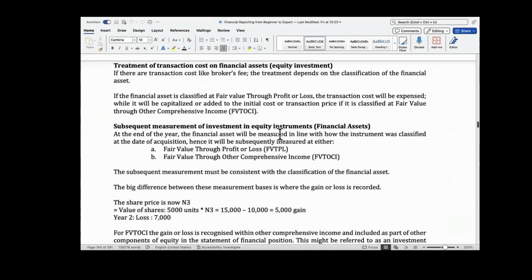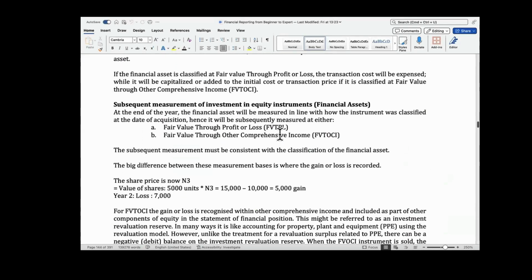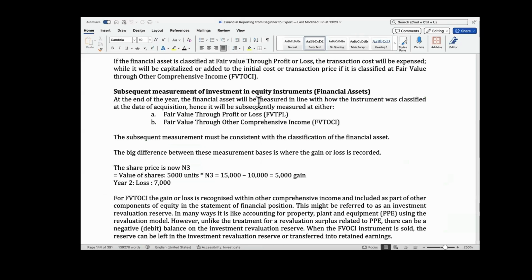Any other question? Okay. So now, this 5,000 naira gain that you made, I told you that if you're measuring it at the end of the year at fair value through POL, say this. Excuse me, sorry, I have a question.